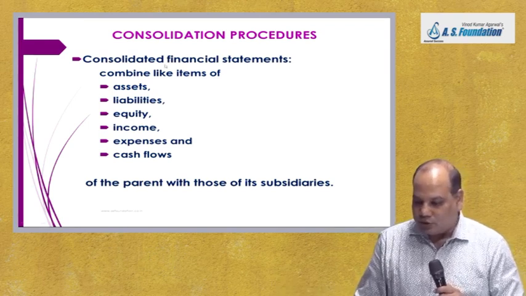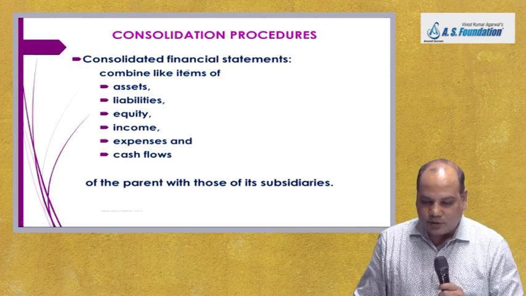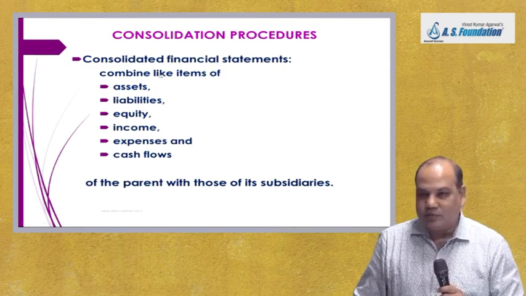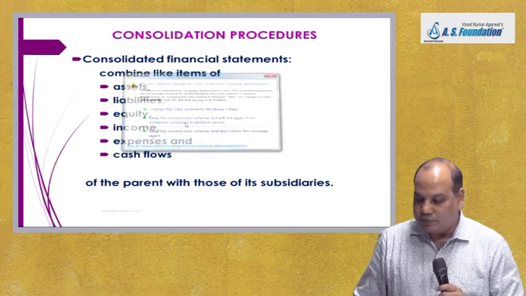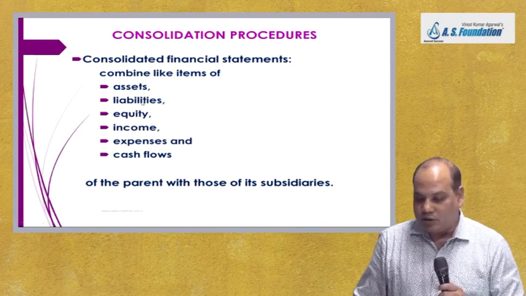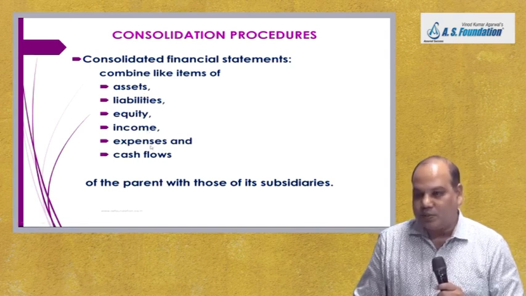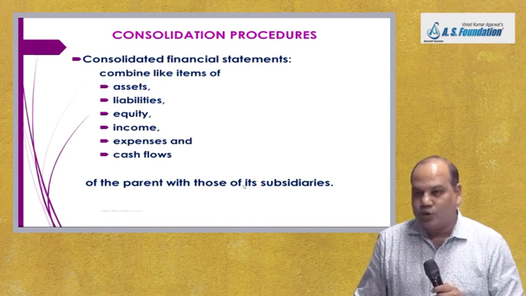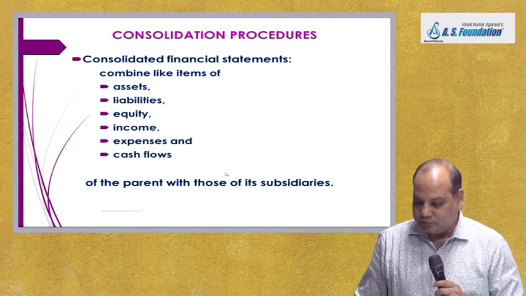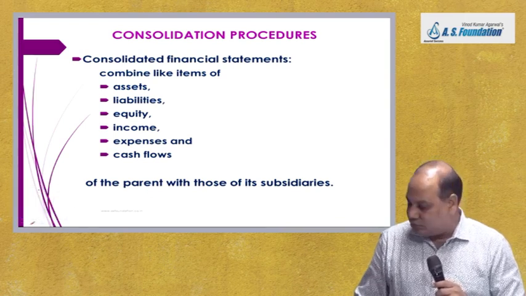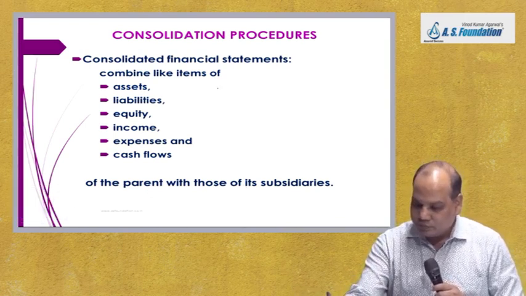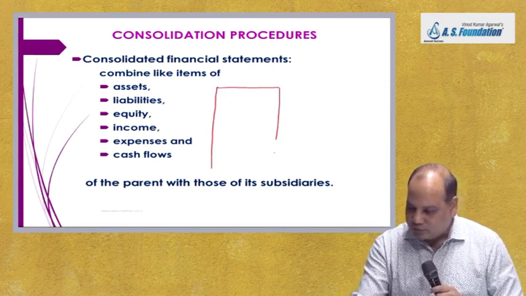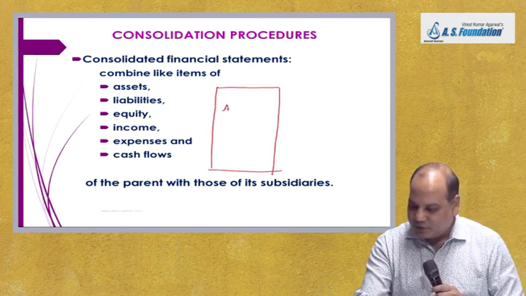What do you mean by consolidation of financial statements? It means combining like items of assets, liabilities, equity, income, expenses and cash flows of the parent with those of its subsidiaries. You are given the financial statements of the parent and subsidiary.